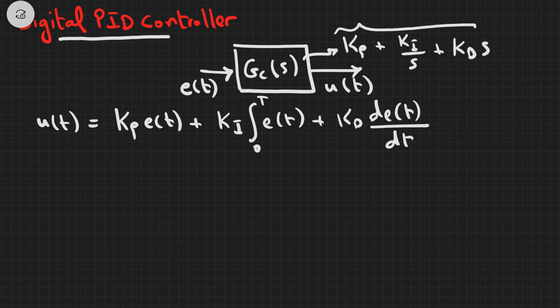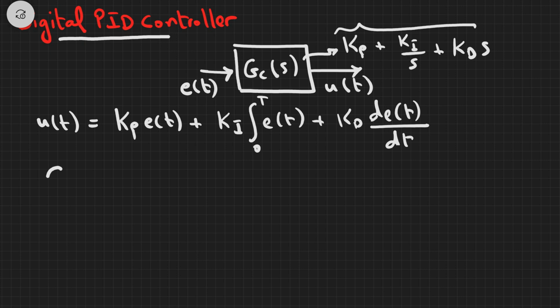And this is what we call the structure of the controller, and we knew how to design those parameters. But now we want to obtain a discrete representation of this PID controller. So we want to extract the digital PID controller. So how do we do that?